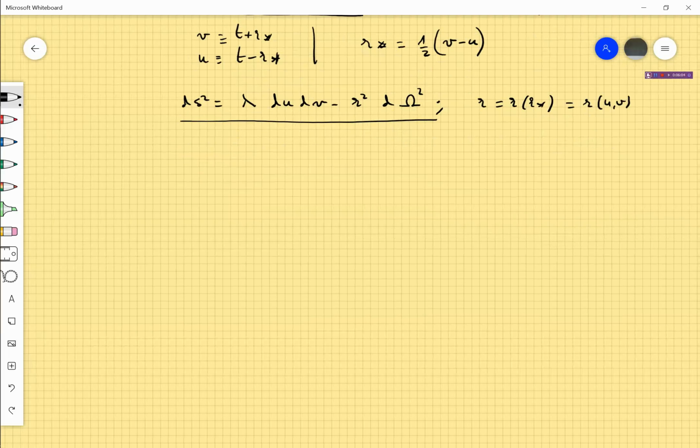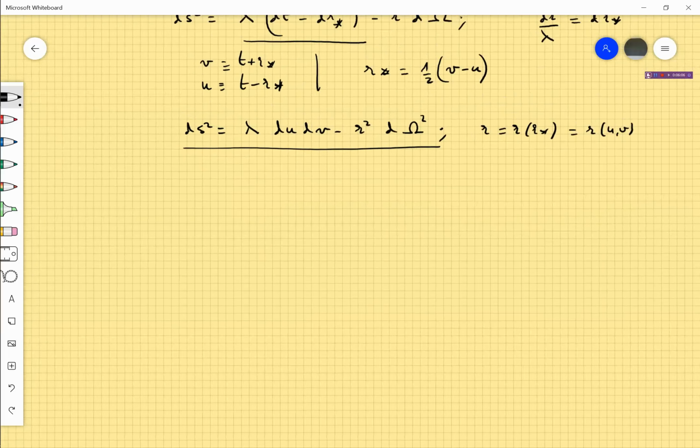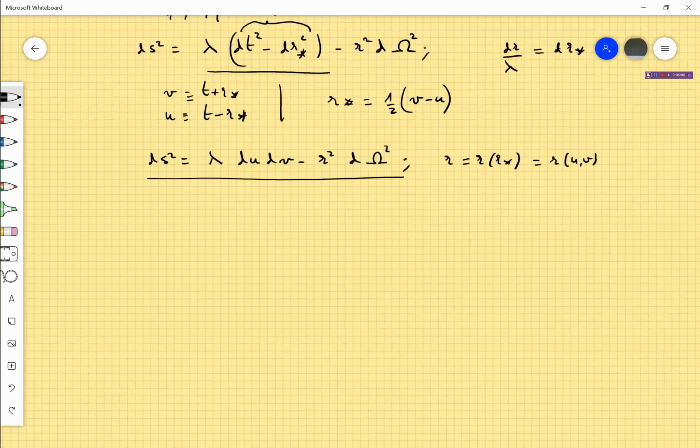So the next step will be to change from these coordinates small u and small v to some other coordinates, which are the Kruskal coordinates, capital U and capital V.